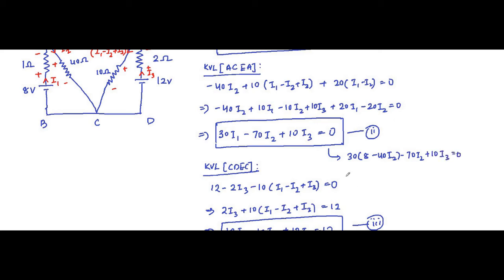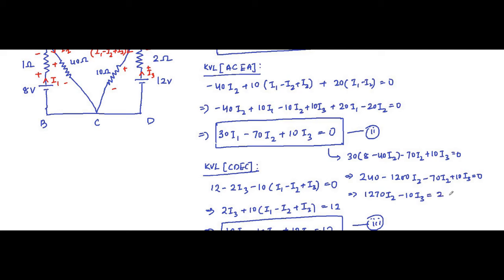That implies 240 minus 1200 I2 minus 70 I2 plus 10 I3 is equal to 0. Or that implies it will be 1270 I2 minus 10 I3 is equal to 240.